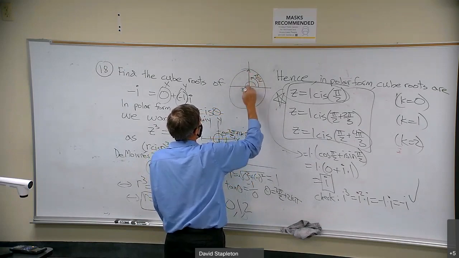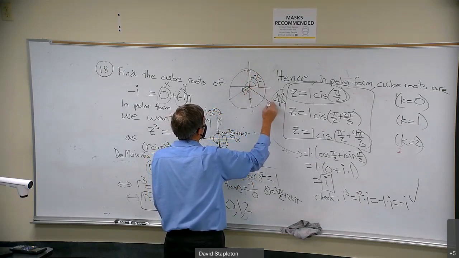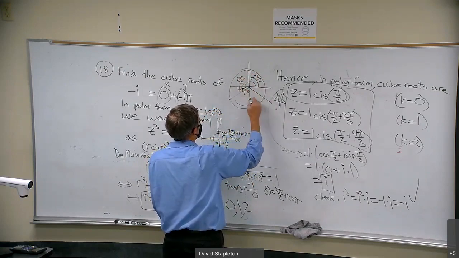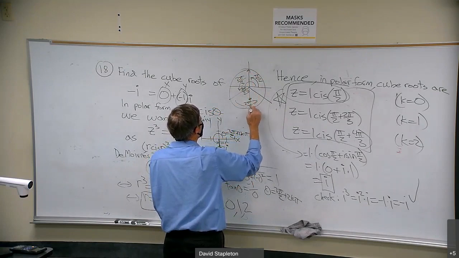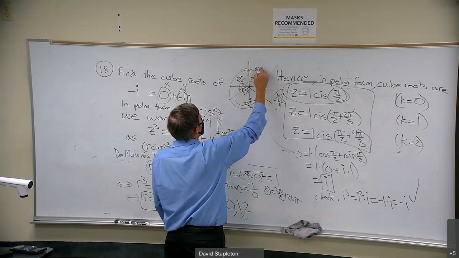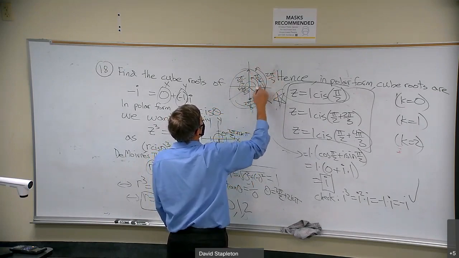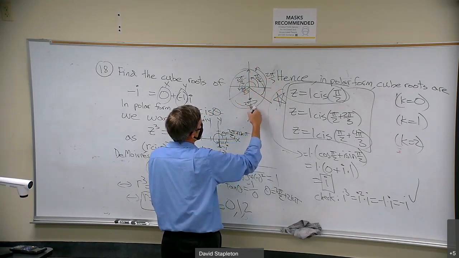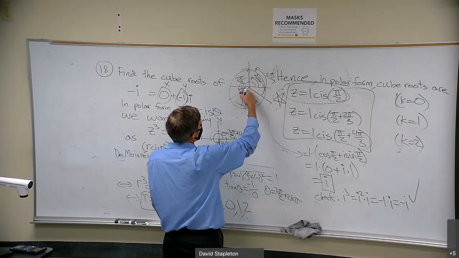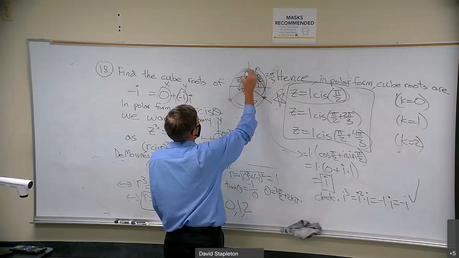And the other two are symmetrically placed here and here, each one 1/3 of the way around the circle, 2 pi over 3 apart. For three roots, the first one is 1/3 of the angle of the original number minus i. So if this is 3 pi over 2, the first root is pi over 2. And the other two are symmetrically placed on the circle of the same radius.